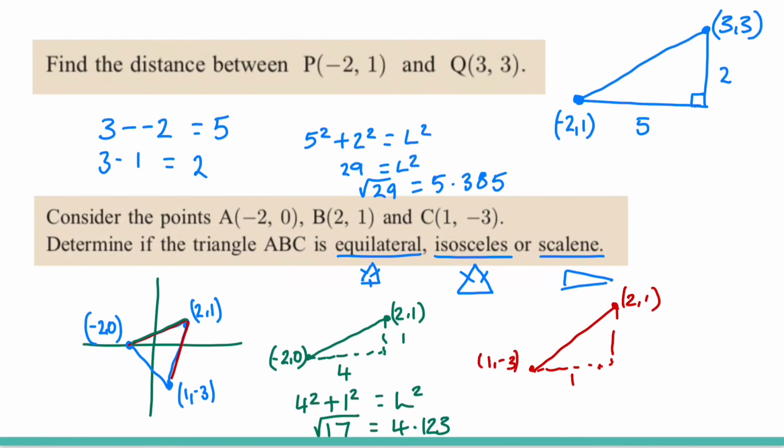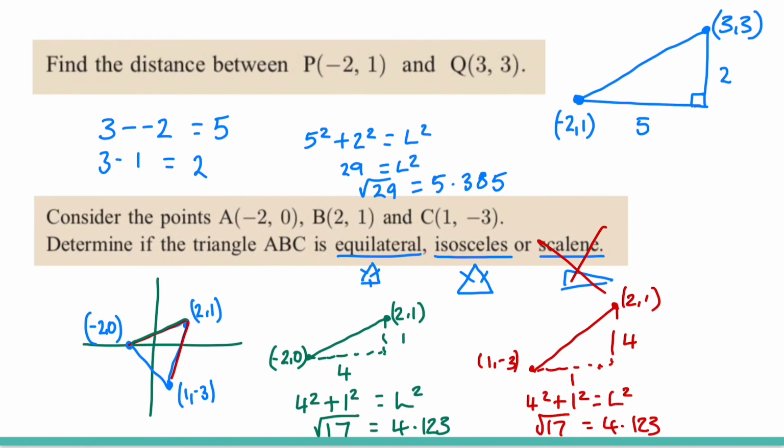And I go from -3 to 1, so that's a length of 4. So I've got 4 squared plus 1 squared equals L squared. So it's exactly the same as the one I've just done, 4.123. So it can't be a scalene, because that would be all of them different. So it's either an isosceles or an equilateral.